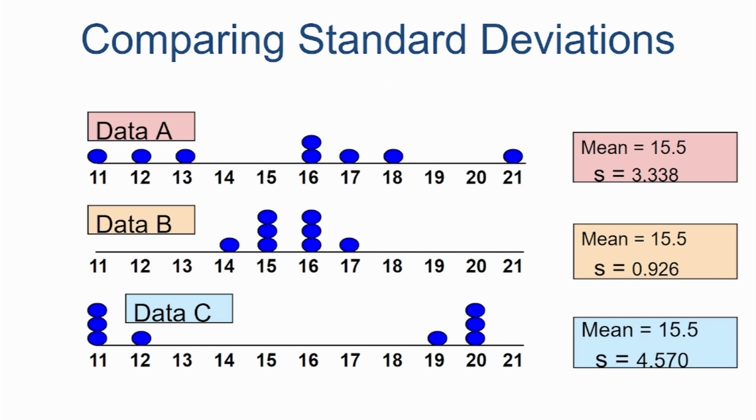So, 15.5 is the mean, and around it 14, 15, 16, 17, the data is lying. Small standard deviation does not mean small spread; small standard deviation means small spread around the mean. Please understand this, that is very important.